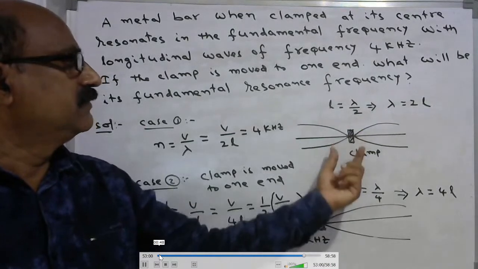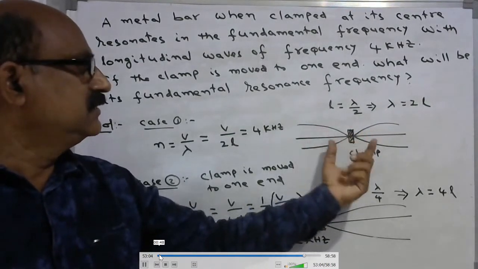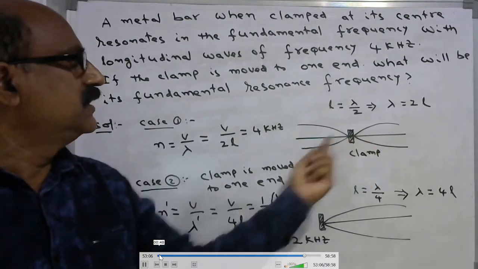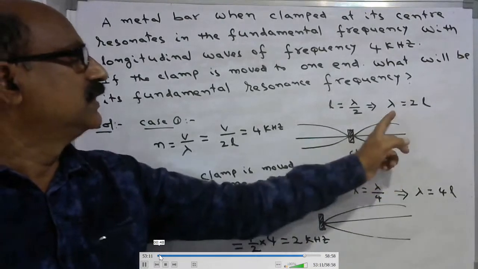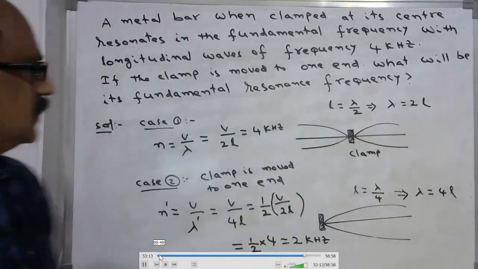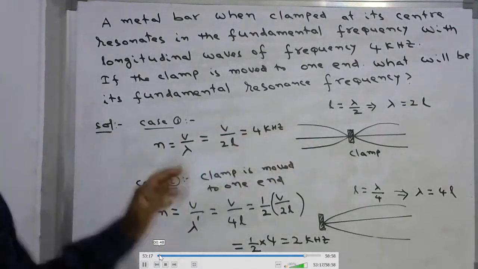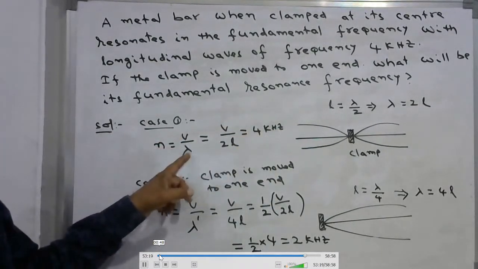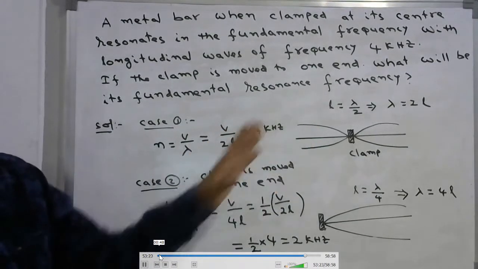When it is set at the center, the length will be equal to half of the wavelength. So lambda is equal to 2L in this case, and the frequency of vibration of the longitudinal wave is V by lambda, that is V by 2L, which is given as 4 kHz.